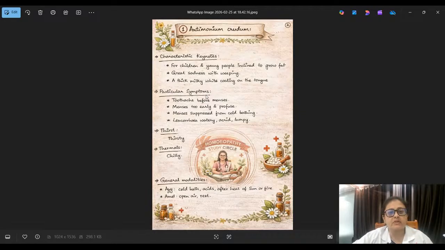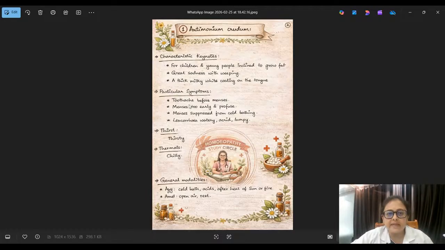Even though in the female section of Boericke you will get all female complaints, you should not write all of them. What condition are we asking you? Precocious puberty. So write only symptoms related to menstruation.